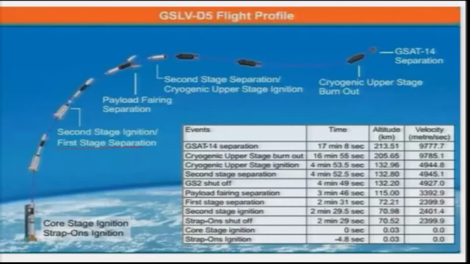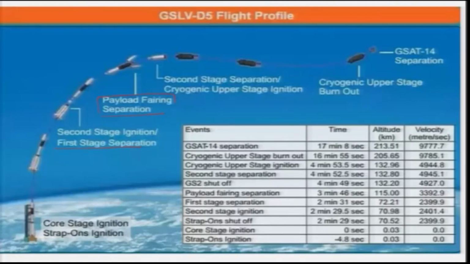There is a little gain, but after this it will gain more. The payload fairing will be separated out at around 3 minutes 46 seconds at an altitude of 115 kilometers, and it will gain a velocity of 3393 meters per second. Then the GS2 setup will be there.